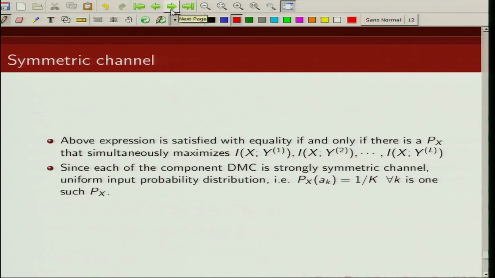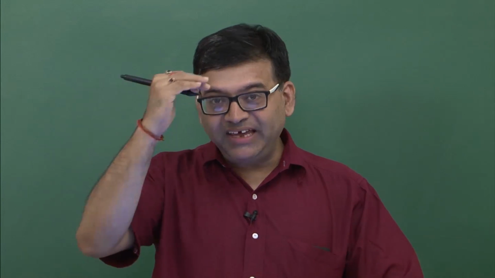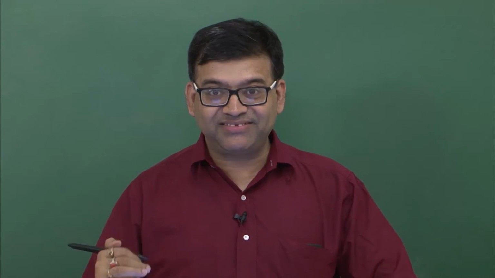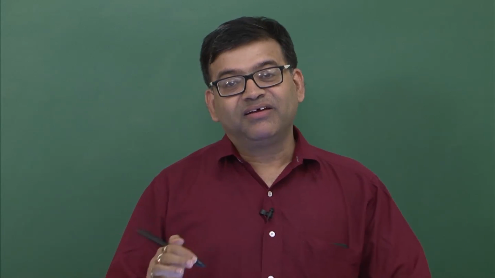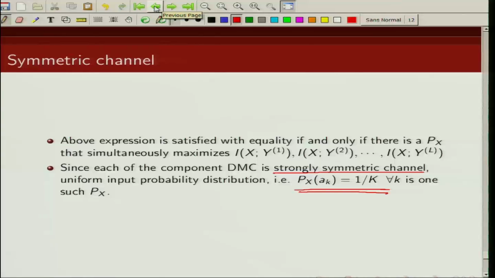Because each of these individual discrete memoryless channels is a strongly symmetric channel. So it is the uniform input distribution that simultaneously maximizes the mutual information of each of these discrete memoryless channels. Hence, the capacity is given by the summation of the selection probability multiplied by the individual capacity, summed over all such L discrete memoryless channels.